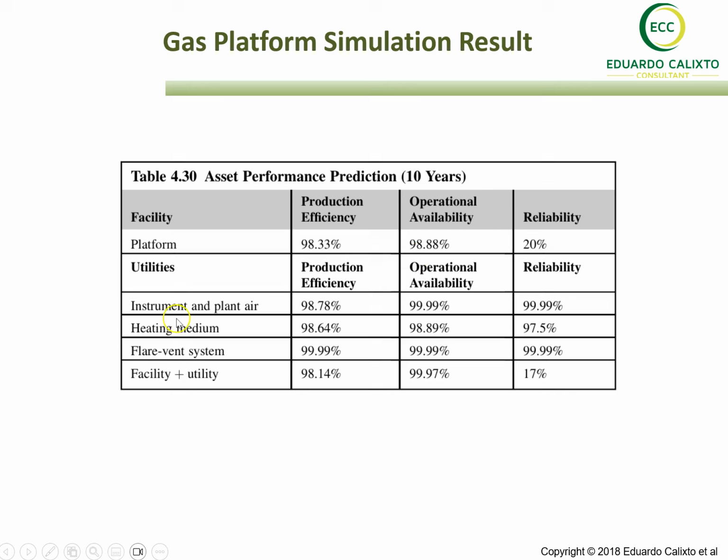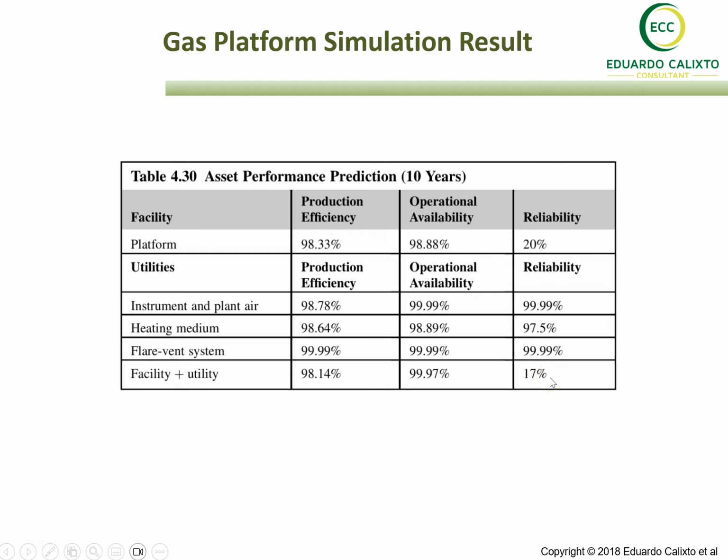Now if I add the instrument air, the heating air, and the flare system, each one has specific production efficiency, operational availability, and reliability. In the end, the facility, that's the platform plus utility, has 98.14% of production efficiency, 99.97% operational availability, and 70% of reliability.